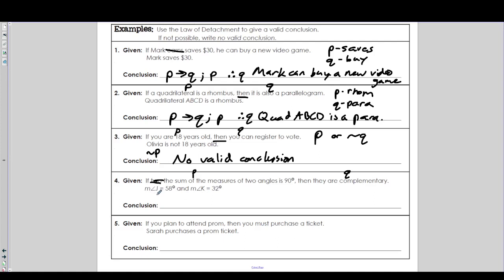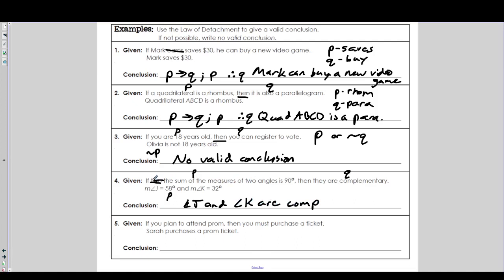That means we can think of this as being P. The sum of measure of angle J and measure of angle K is 90 degrees. So we do know our hypothesis, so we can conclude that angle J and angle K are complementary.